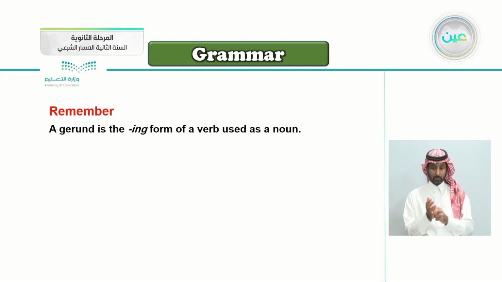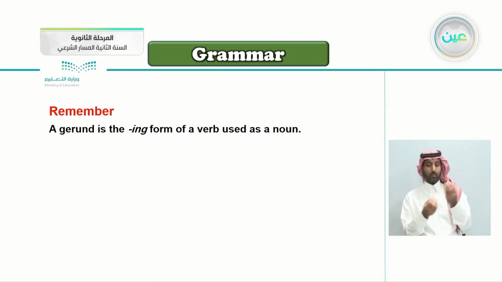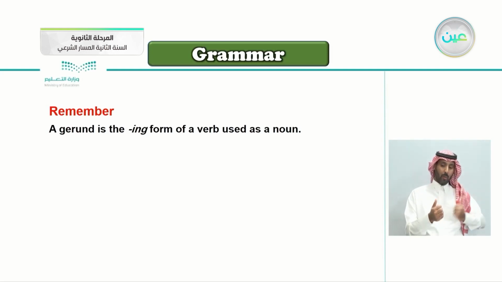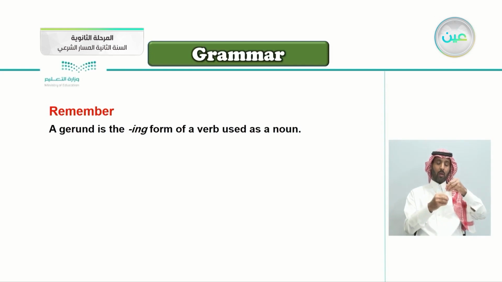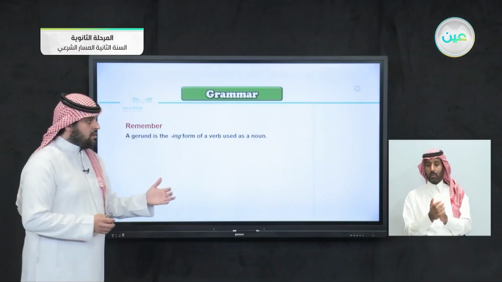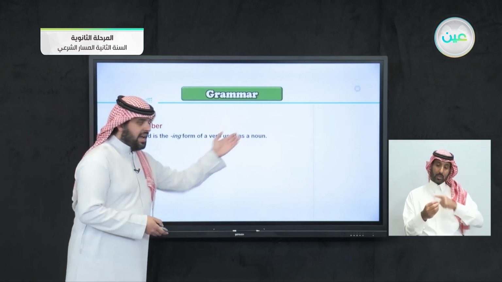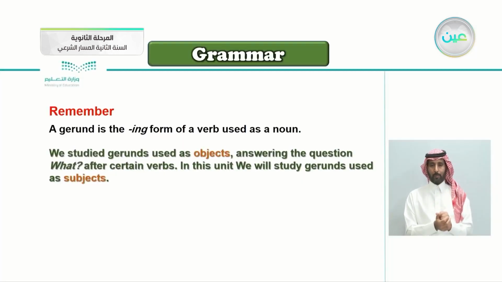Remember, a gerund is the ing form of a verb used as a noun. You have to remember this. What is a gerund? A gerund is the ing form of the verb, going, sleeping, and so on, but it's used as a noun. We studied gerunds used as objects before, answering the question what.